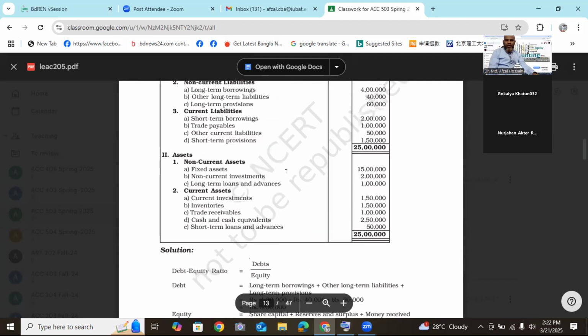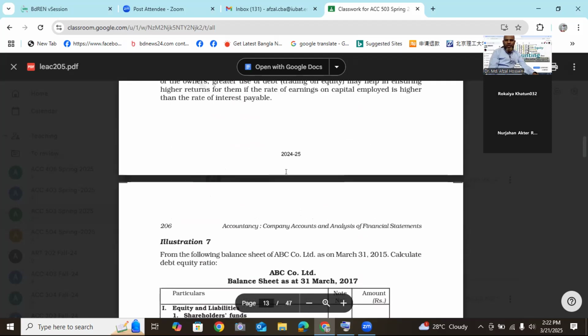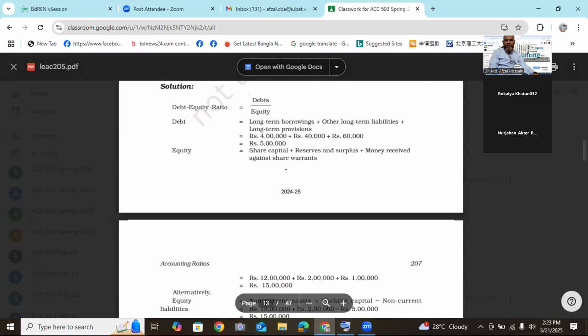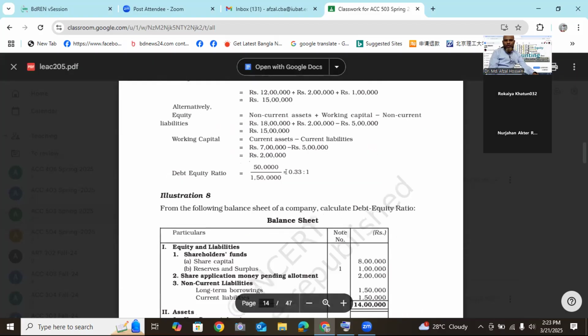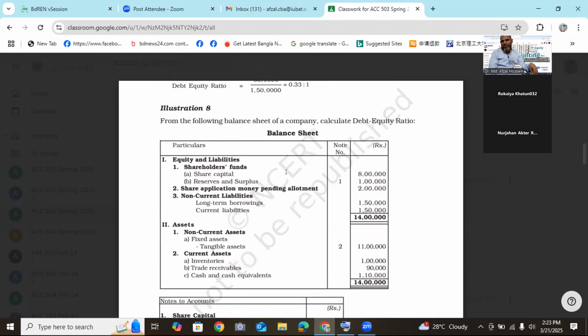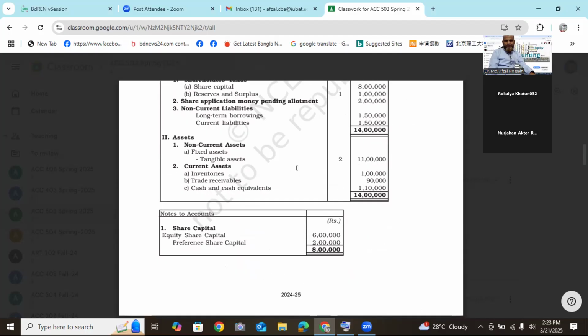Okay, this is all about debt to equity ratio. Now illustration number 8. From the following balance sheet of a company, calculate debt to equity ratio. Same thing.